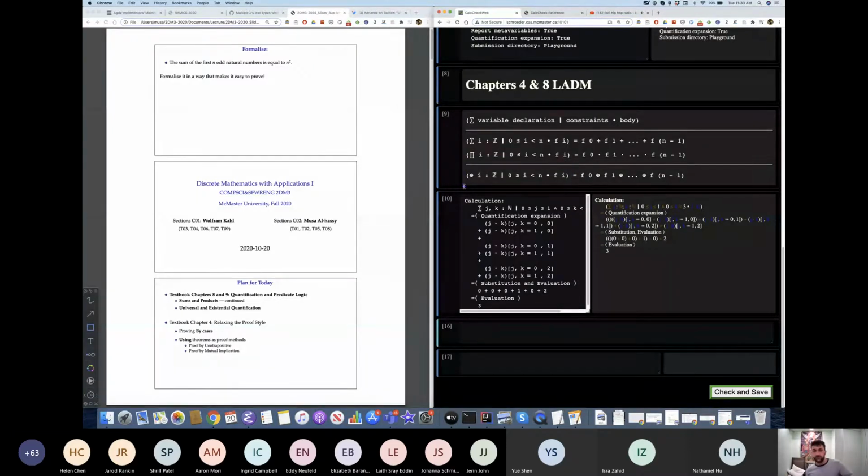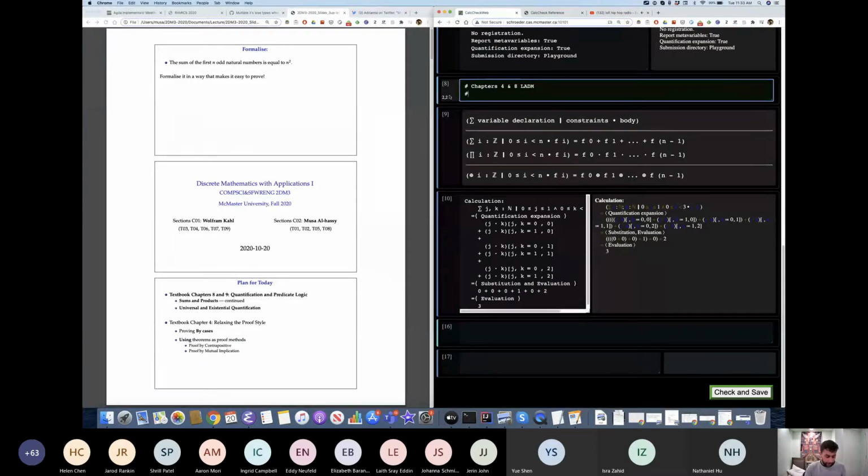So if you're comfortable with quantifiers, hopefully you'll be comfortable with loops, and your knowledge about loops will come into the knowledge about quantifiers. So an alternate title for today would be the theory of loops.